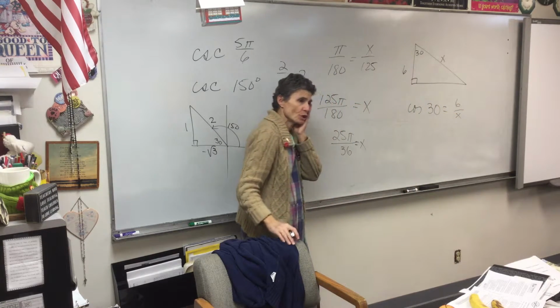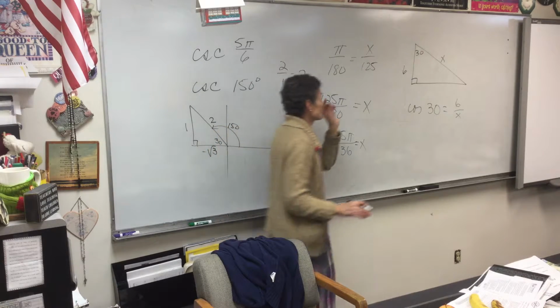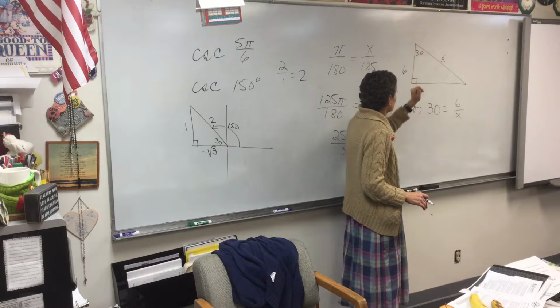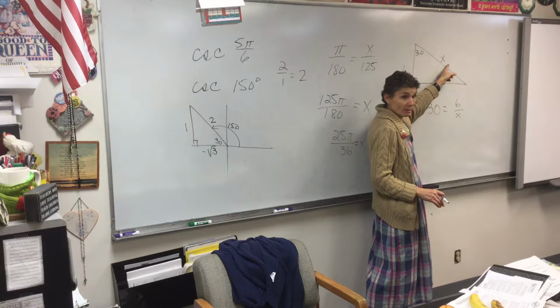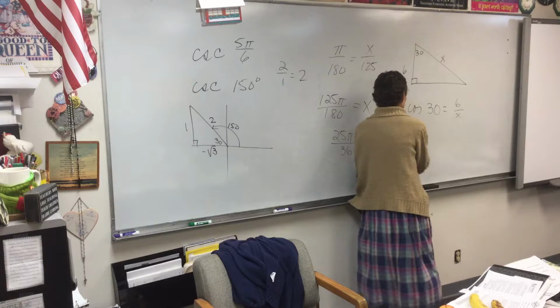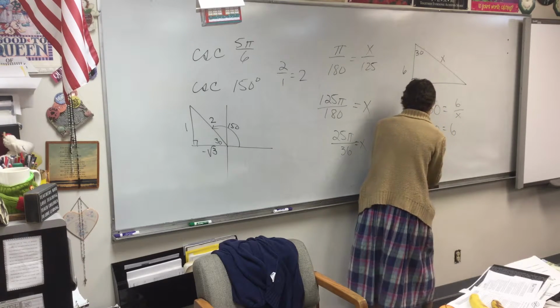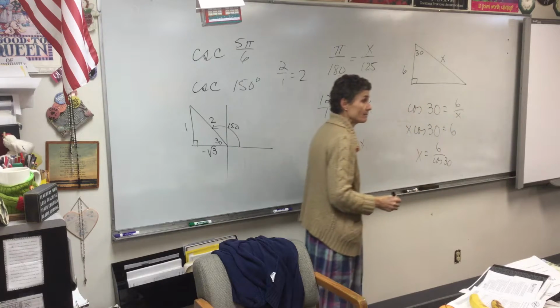Now, why did I choose cosine? Because relative to this angle, this is the adjacent side, and that's the hypotenuse. And so x cosine 30 equals 6, and x equals 6 over the cosine of 30. Would you agree with that?